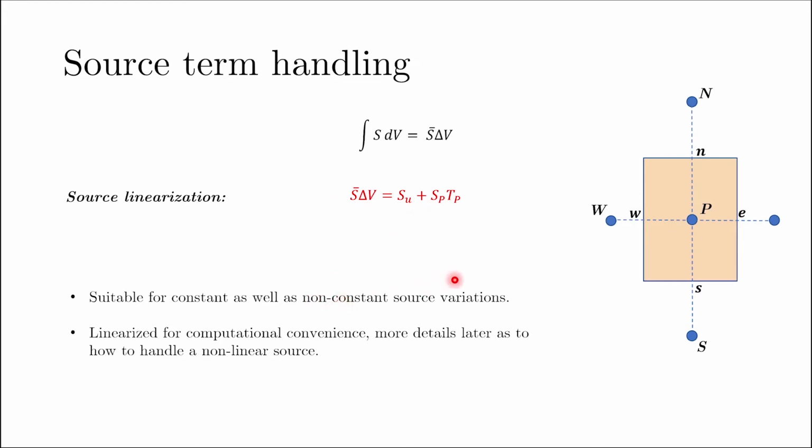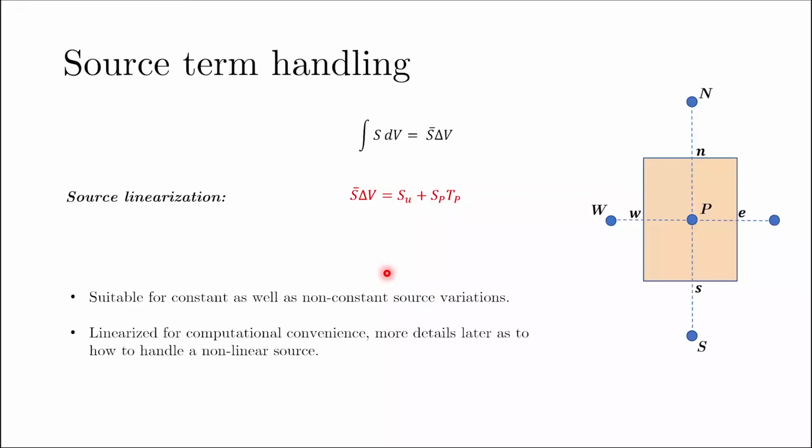If you have non-constant sources, then you can have this kind of variation from SP times TP. As I said, this is linearized for computational convenience, but we can also deal with a non-linear source term through this linearized version, which we will look at later in this lecture.